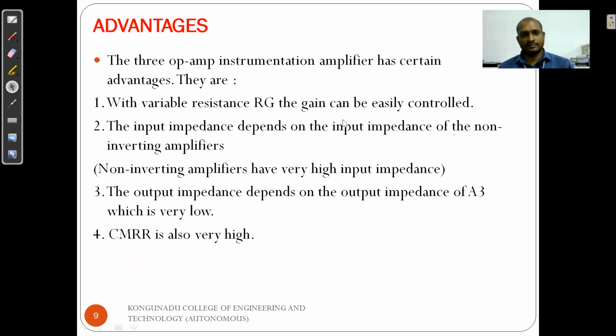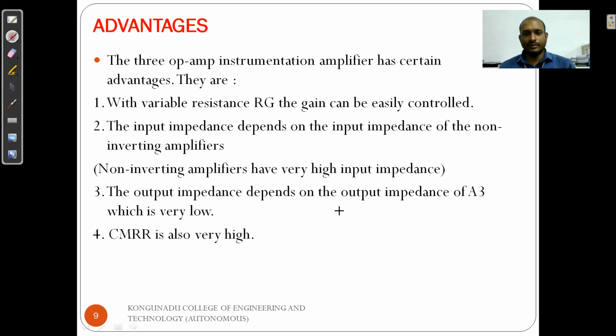So advantages. With the variable resistance Rg, the gain can be controlled easily. Between the nodes G and H, the variable resistance Rg is available. If you vary this value, you can control the gain easily. The input impedance depends on the input impedance of the non-inverting amplifier.